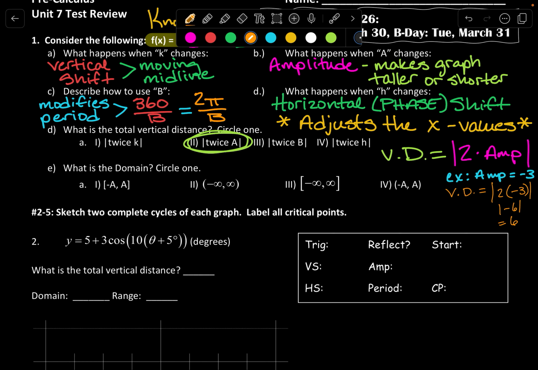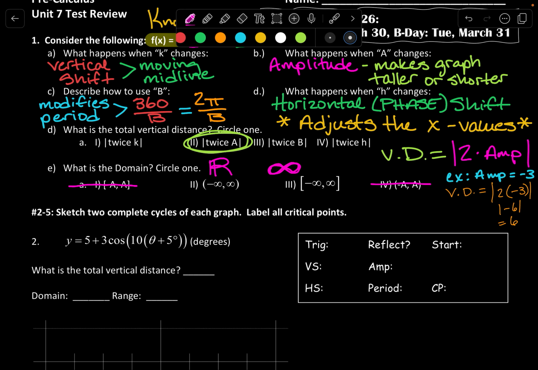For 1e, it asks, what is the domain? We know that for all of these sine and cosine graphs, the domain is always all real numbers. We need to put that correctly into interval notation. So we don't use the letter A for all real numbers. We can eliminate those two answers. We use the infinity symbol.